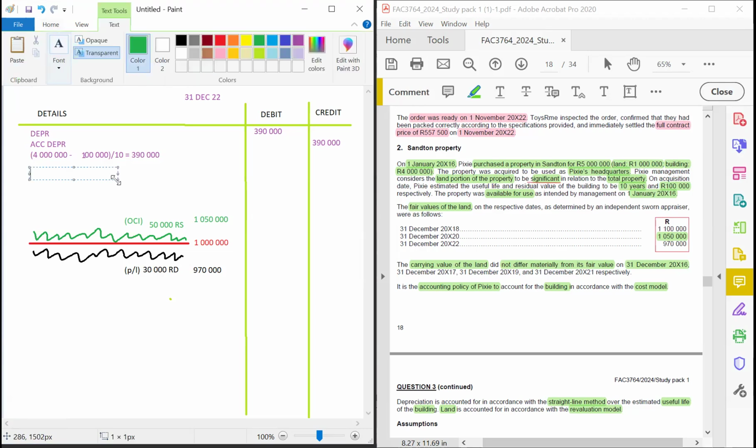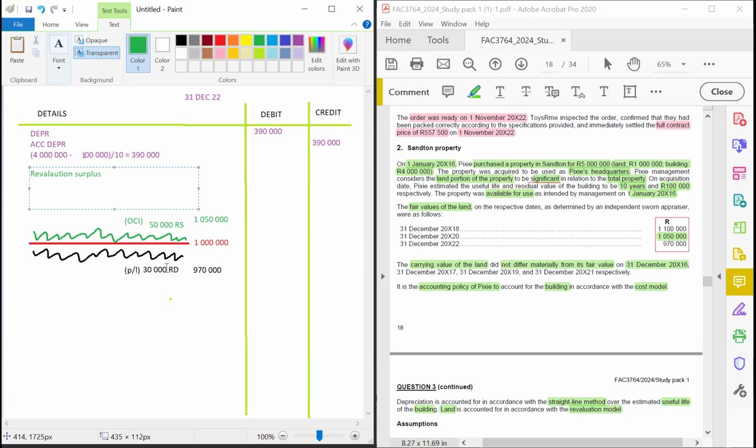So now let's do the journals. Now we understand the logic. What we are going to do is take our revaluation surplus, where we had already done the calculations.